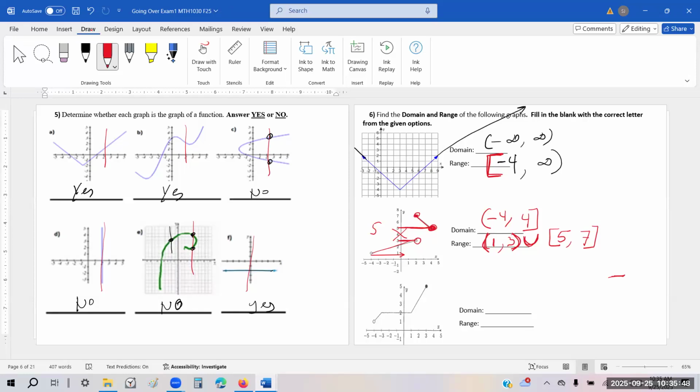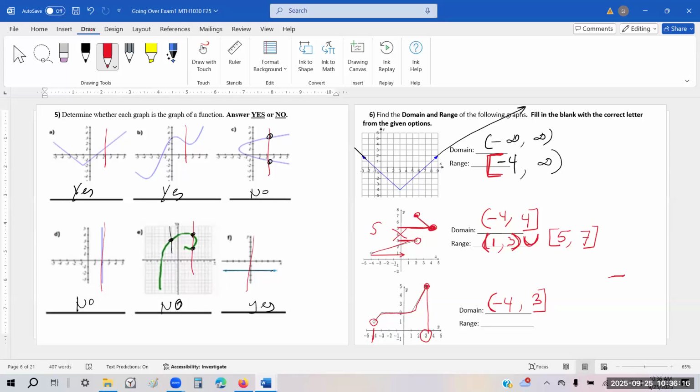And then the last one wasn't bad. Your domain starts from -4, but your -4 has a hole, so it has to be parentheses. And then you're using all these numbers until here. At this point, you have 3. So you stop at 3, and this time 3 has a closed circle, so 3 gets a bracket.